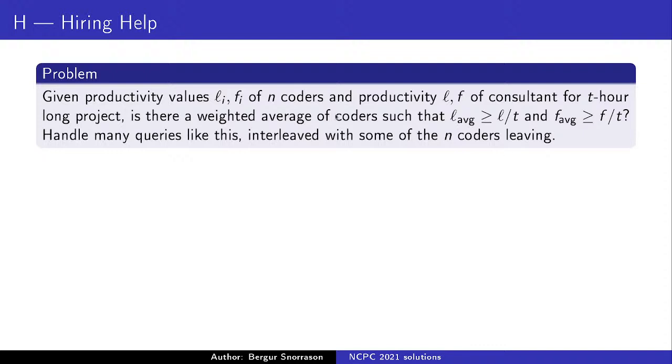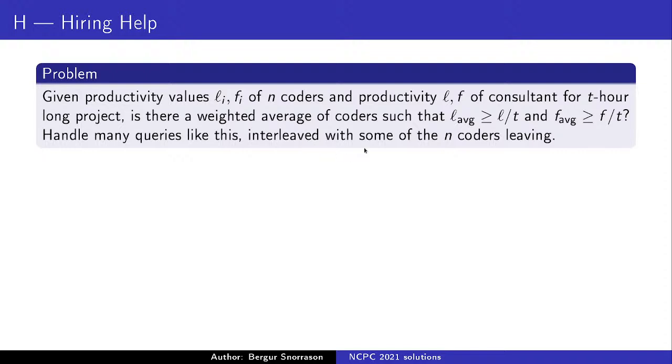We wanted to know whether there is some weighted average of these n coders, such that their average L value is at least L over T, and their average F value was at least F over T. And we were supposed to handle a lot of queries like this, which were then interleaved with some of these coders leaving and not being available anymore.